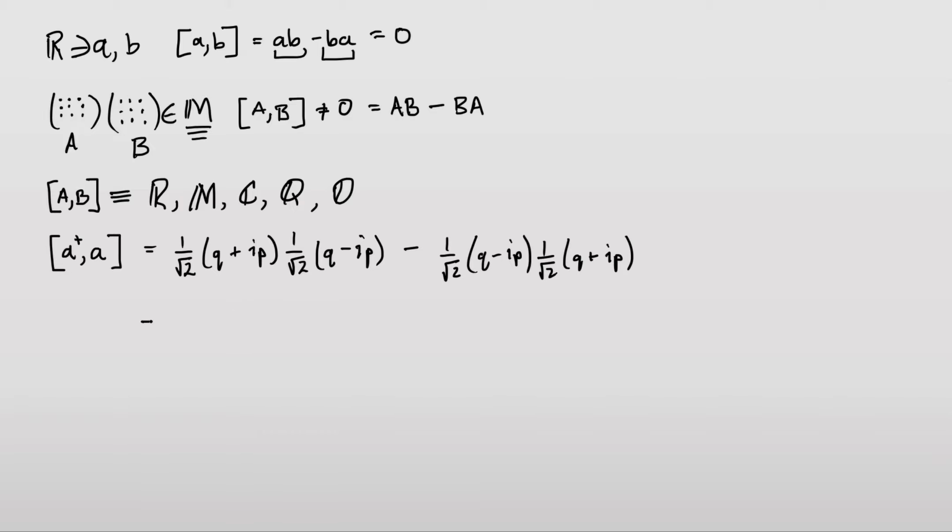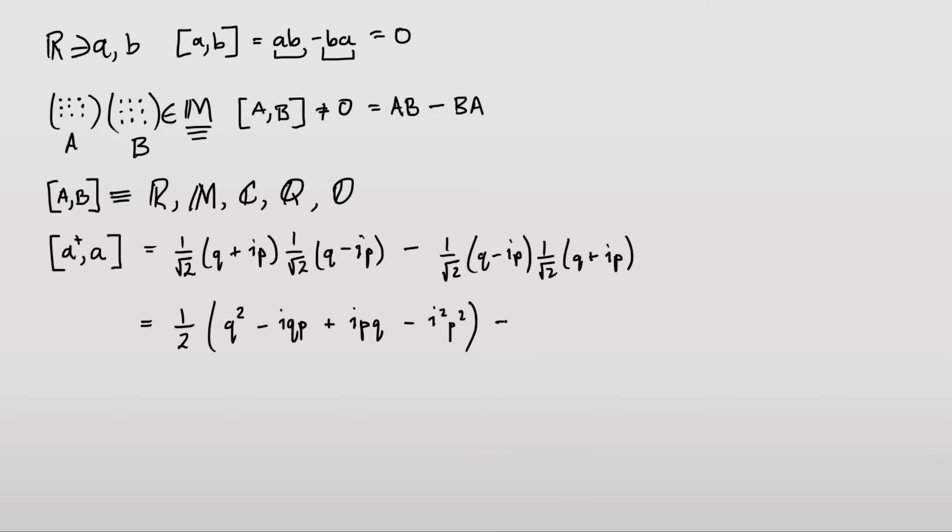And so what we're going to get is 1 over 2. We're going to have a q squared out front here, minus I qp, and then remember, I is just a constant, plus I pq, and then minus I squared p squared.